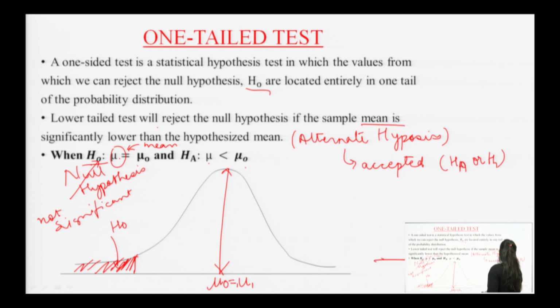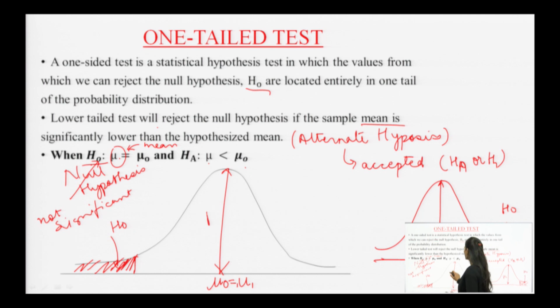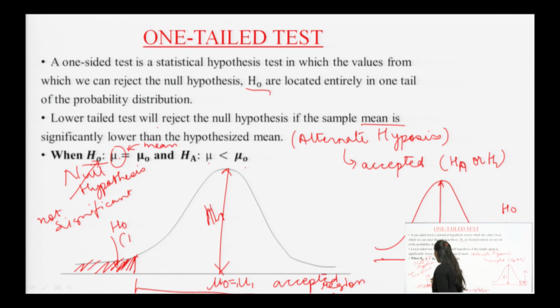I can make another graph for you where this might represent H naught, this part is your H 1 or we can say H A, this all is the accepted region and this is the rejected region.